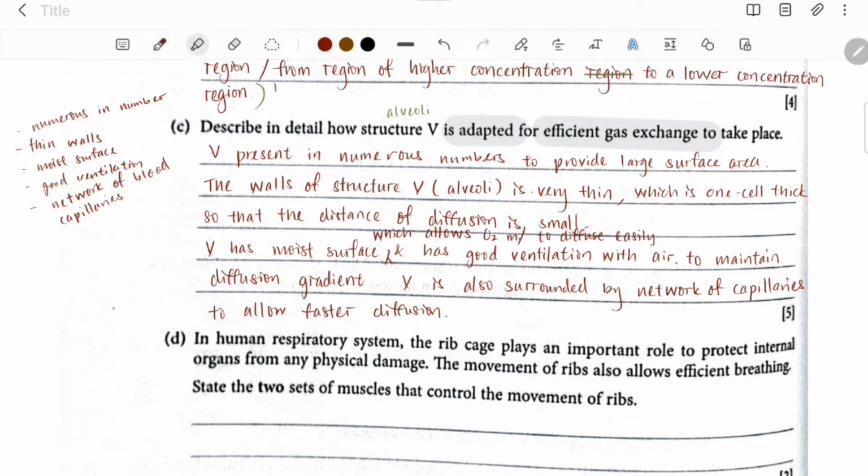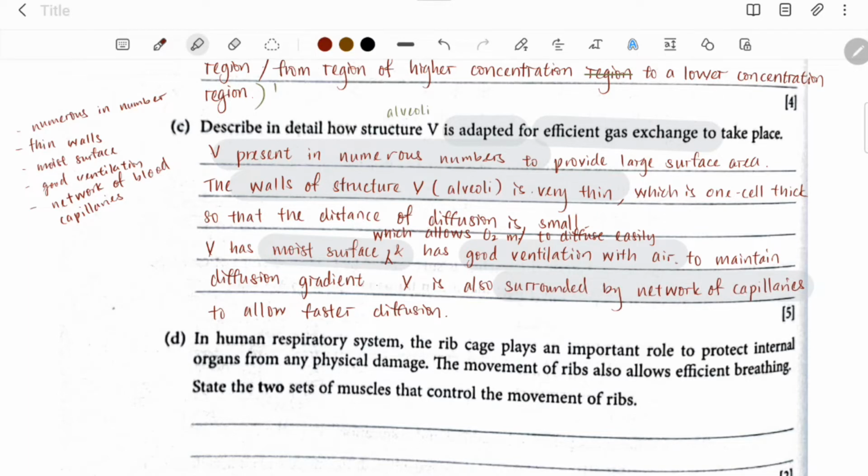Okay, so keywords: present in numerous number, walls very thin, and if you can say one cell thick is better, and then moist surface, good ventilation with air, and then surrounded by network of capillaries.